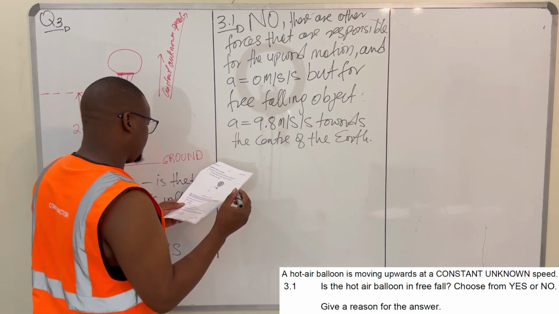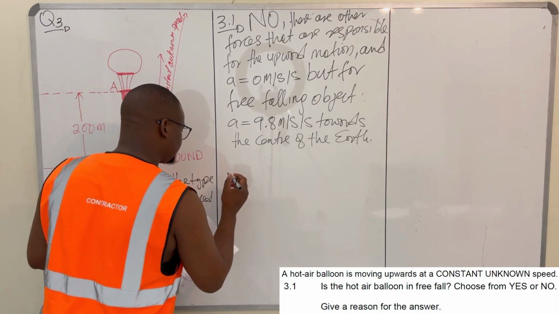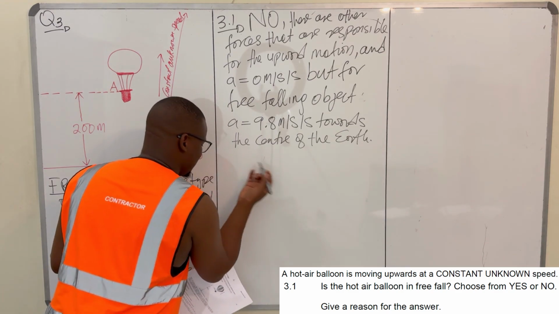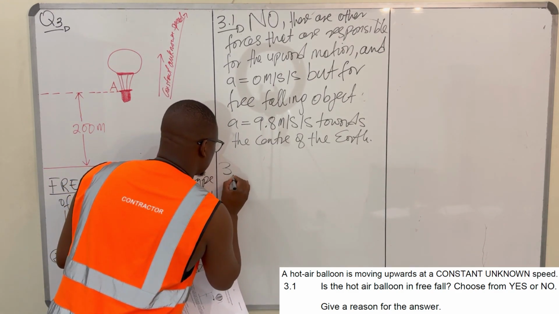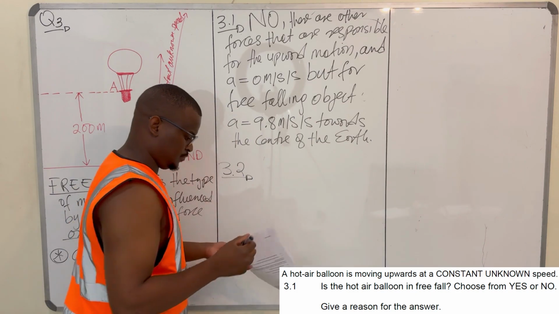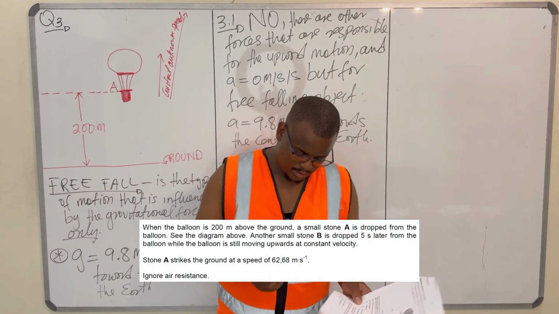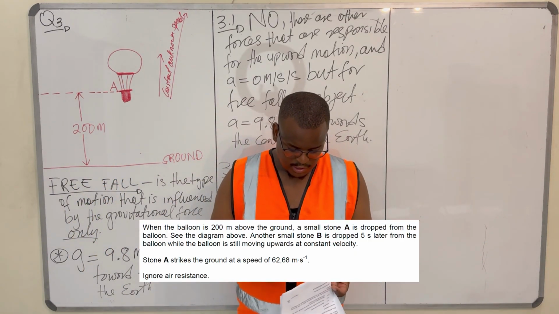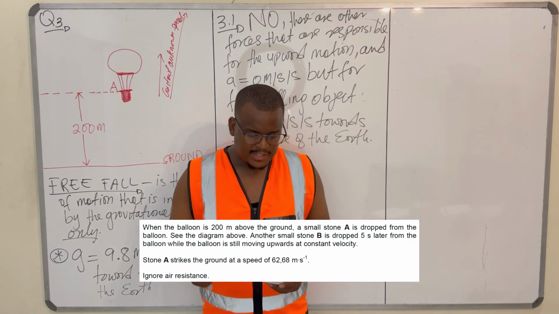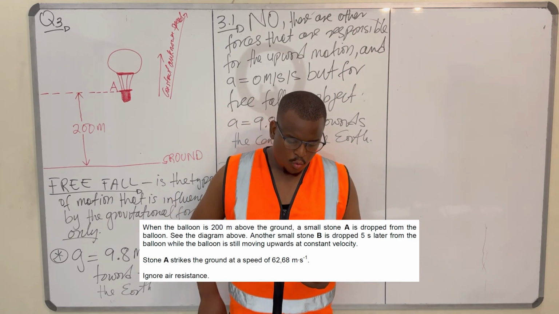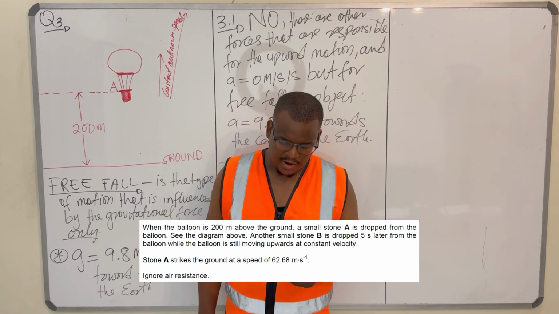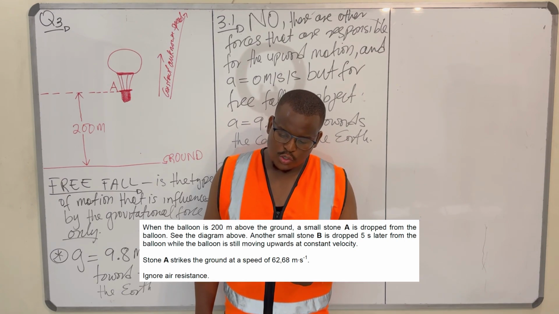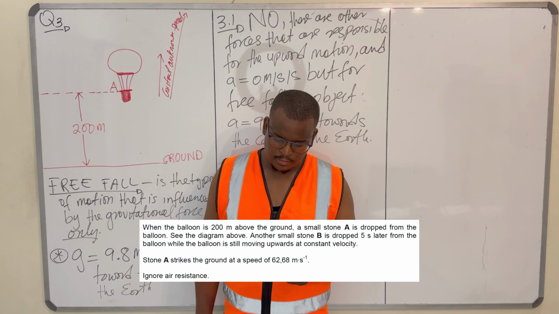So we go to 3.2, I think, yeah, 3.2. What are they saying at 3.2? Let's read. They are saying when the balloon is 200 meters above the ground, a small stone is dropped from the balloon.